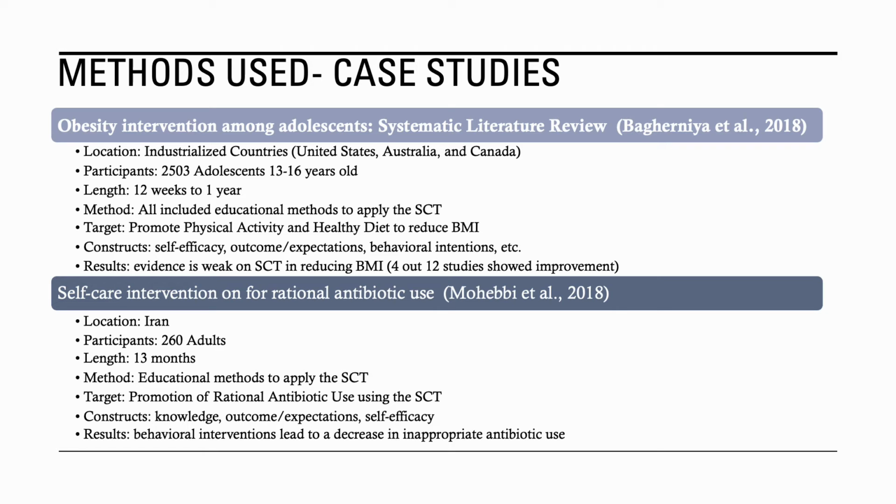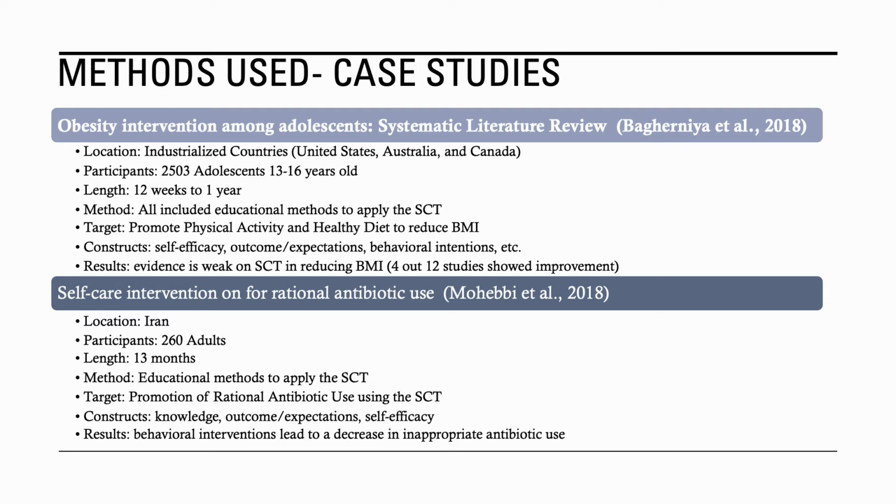While some of the studies did show that there was an improvement in BMI using the social cognitive theory, the grand majority did not show any improvement in reducing the BMI of individuals using the social cognitive theory. So evidence was weak, specifically for this intervention in reducing obesity.